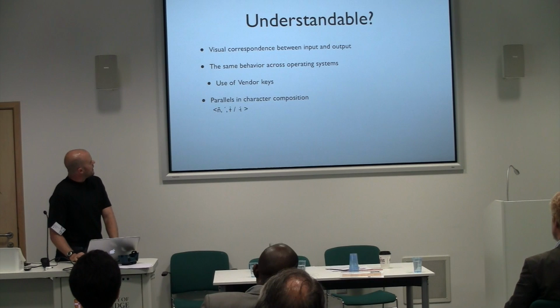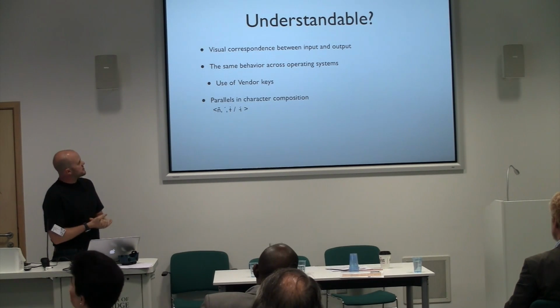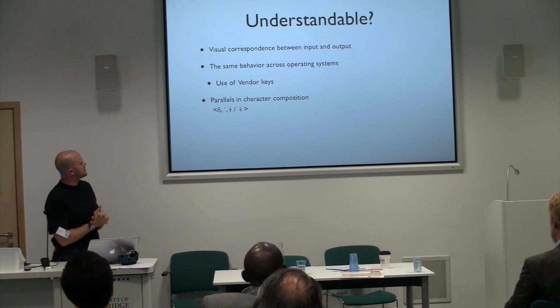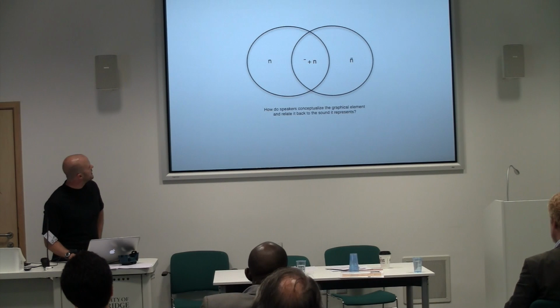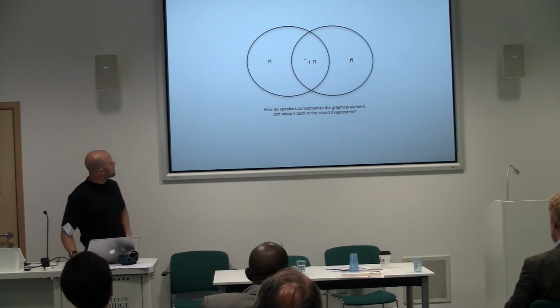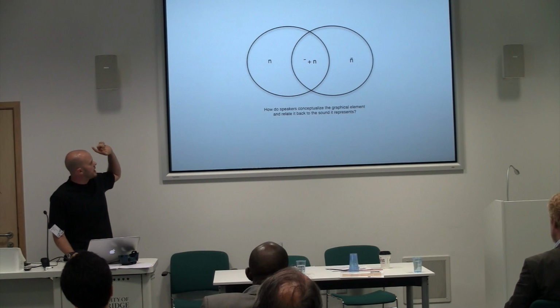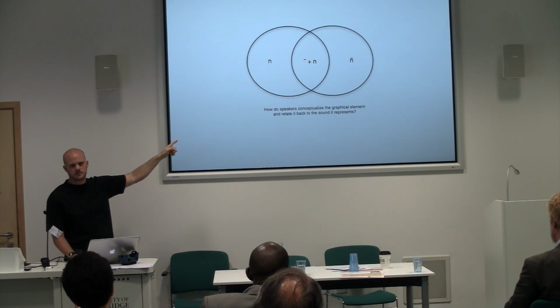So the understandable issue also goes deeper than just the physical tactile bit. It goes into the character composition, I think, as well. And that is, like in this inye, is it, in the mind of the writer, an i plus the diacritic, or is it a completely separate character?